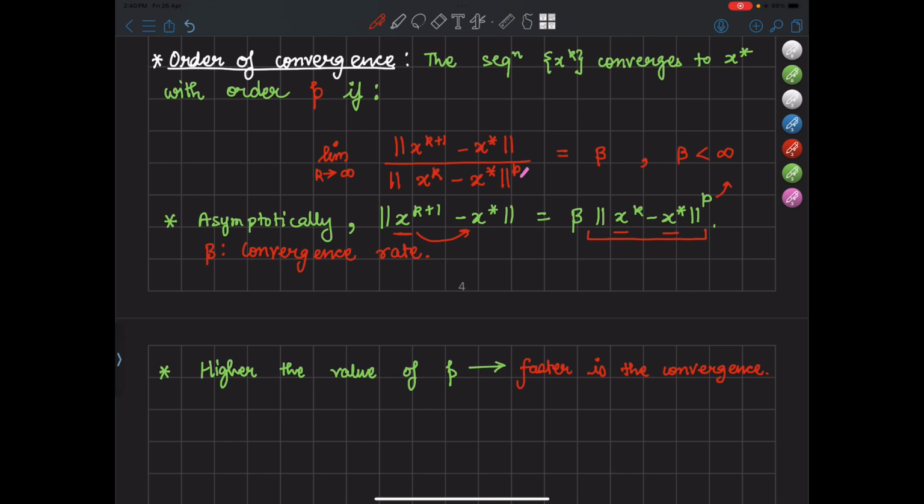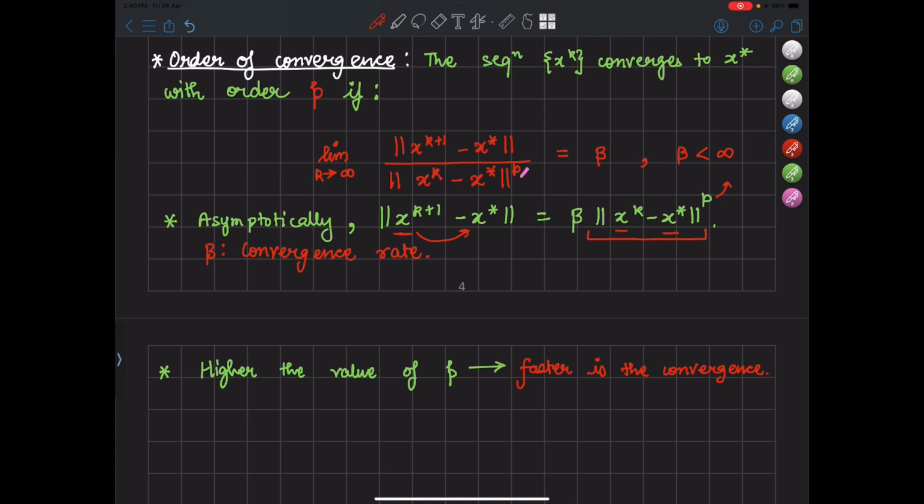Please note, the problem here is that if xk is not very close to x star, let's say the difference is greater than 1, then if we increase p, xk plus 1 will diverge, so the algorithm won't converge. So this is true: the higher the value of p, the faster the convergence, if the algorithm converges.